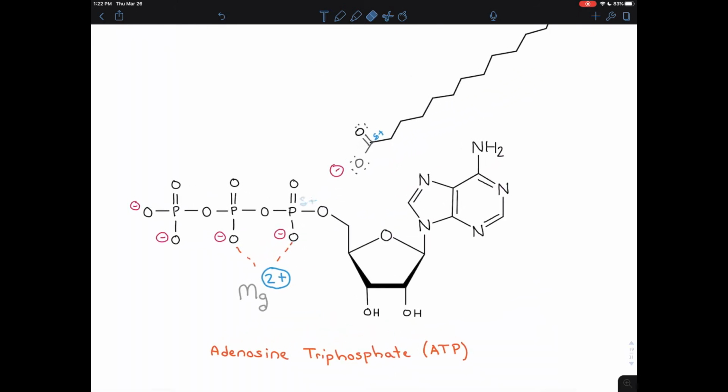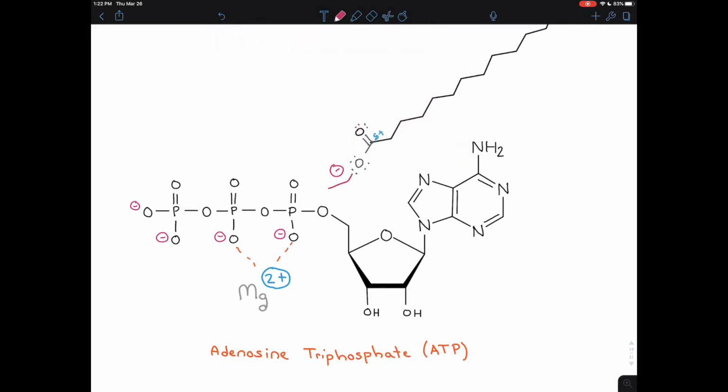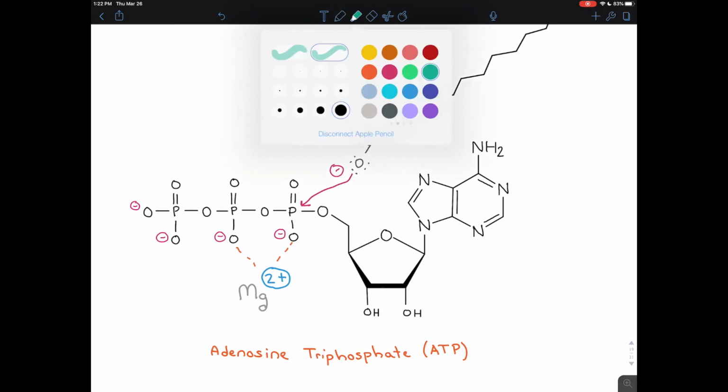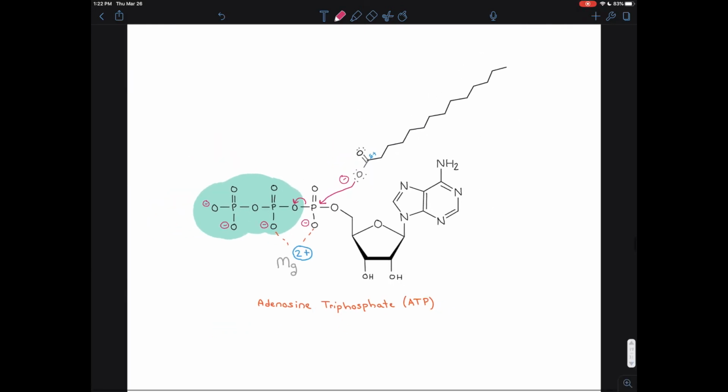Here I'm going to erase this positive charge that's on phosphorus. It's still there, but the oxygen nucleophile of the fatty acid attacks the phosphorus. Our leaving group, remember, is the inorganic diphosphate. So that gets kicked off. These electrons get kicked off onto that leaving group.